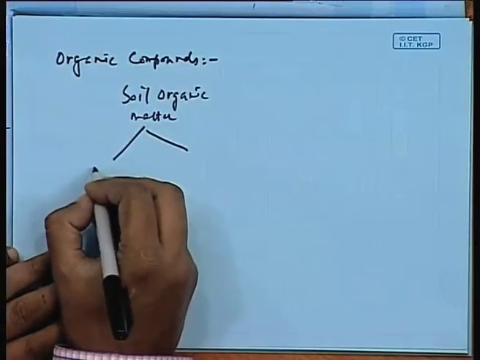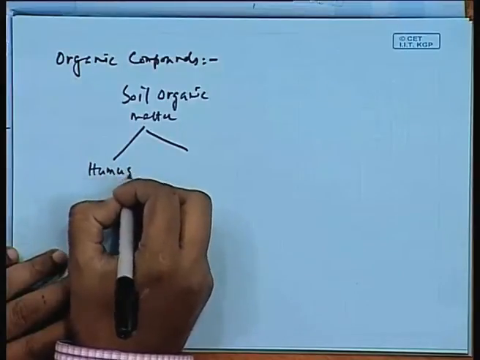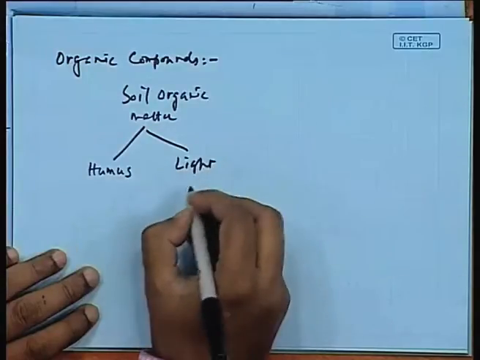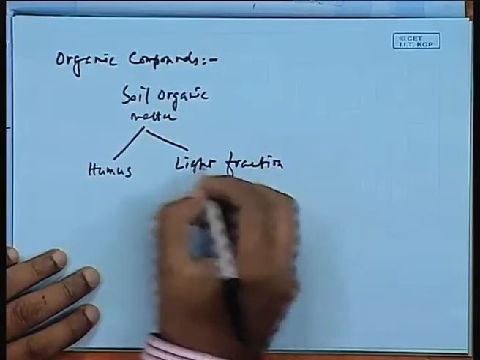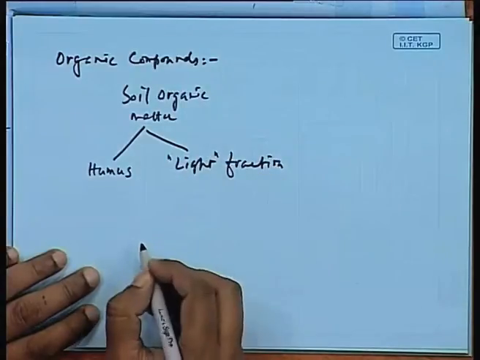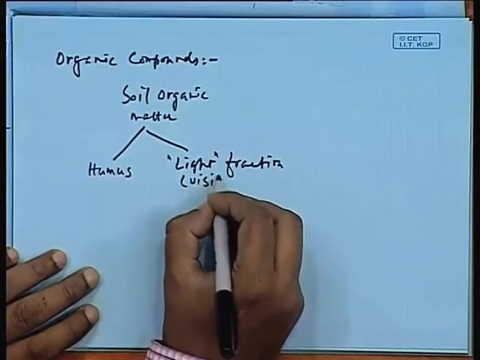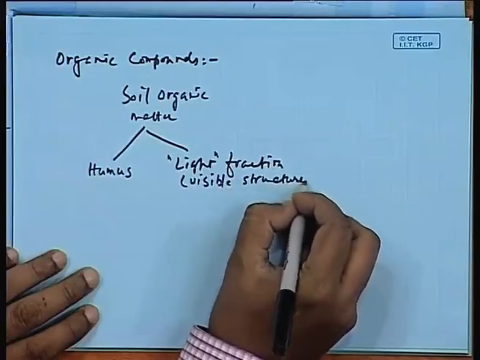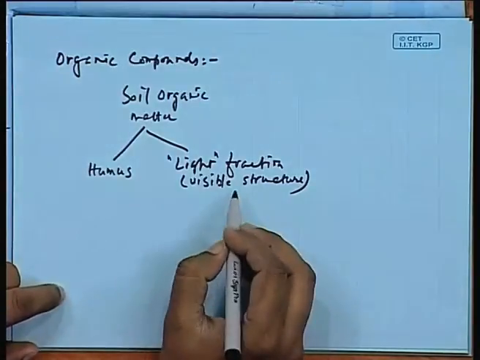We generally call one humus, and the other is called the light fraction, the visible structure. Soil organic matter: humus and light fraction, visible structure.